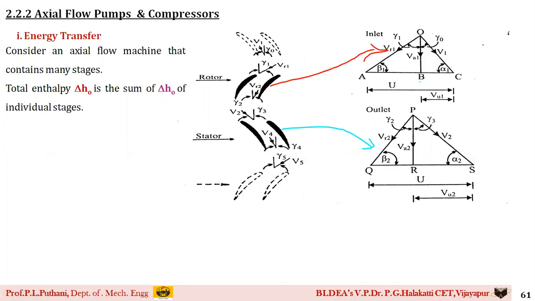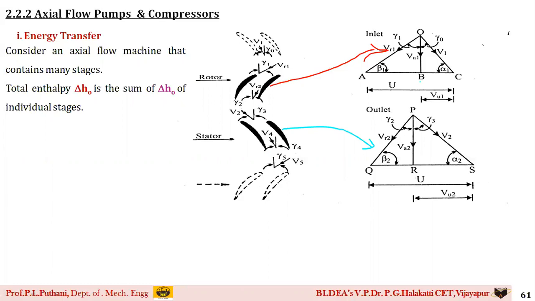When the number of stages is more, we need to calculate the work transfer, that is the energy transfer, or change in enthalpy, for each stage. Summing the energy transfer of each stage gives the total energy transfer for the entire compressor or pump.